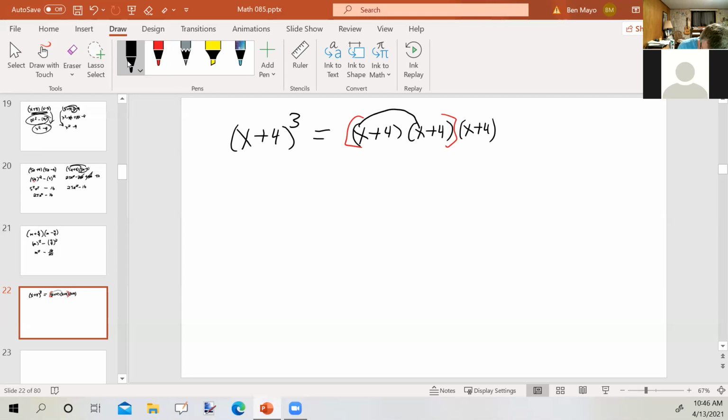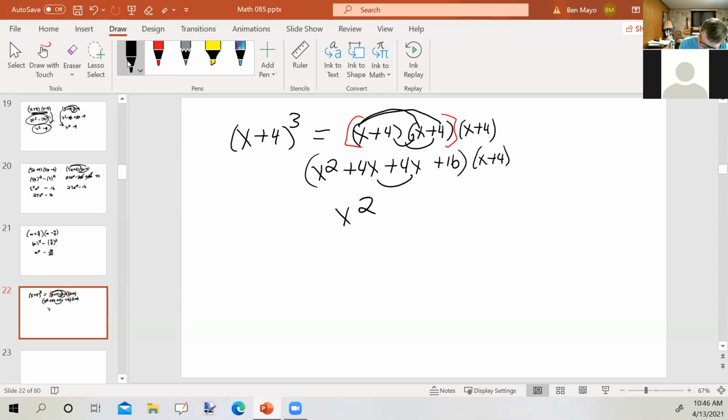So this becomes x squared plus 4x plus 4x plus 16. And then that result will get multiplied by the last factor. But I can simplify that first product further first. So x squared plus 8x plus 16 all times x plus 4.